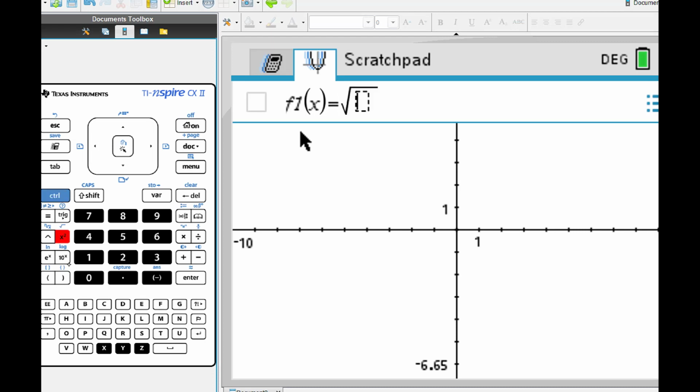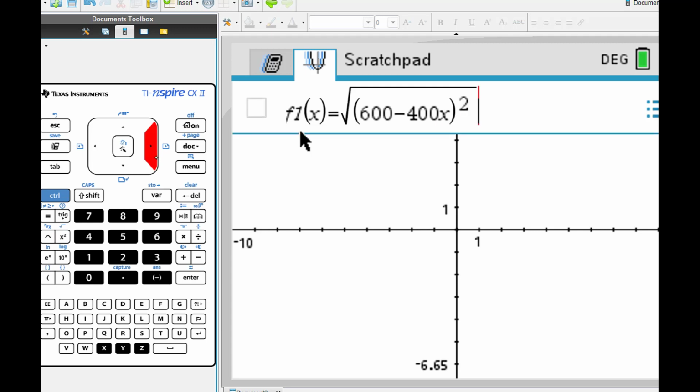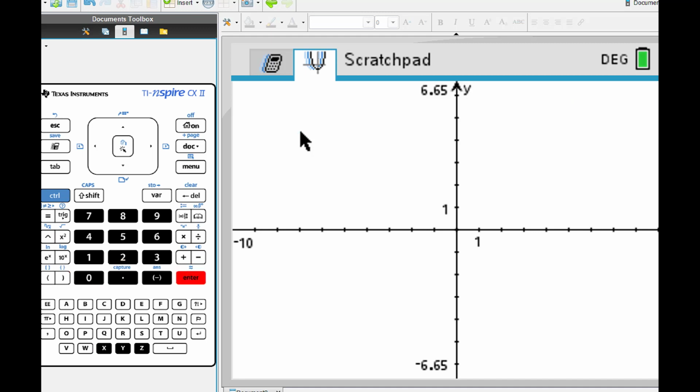So we have the square root of (600 minus 400x) squared, since the calculator is looking at this in terms of x, plus (400 minus 250x) squared.